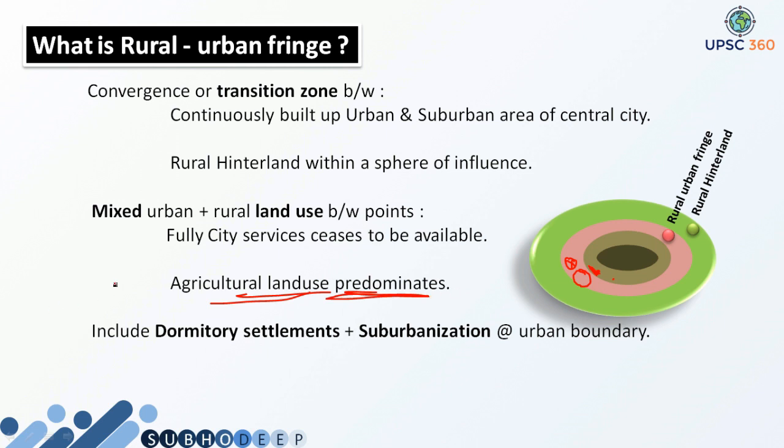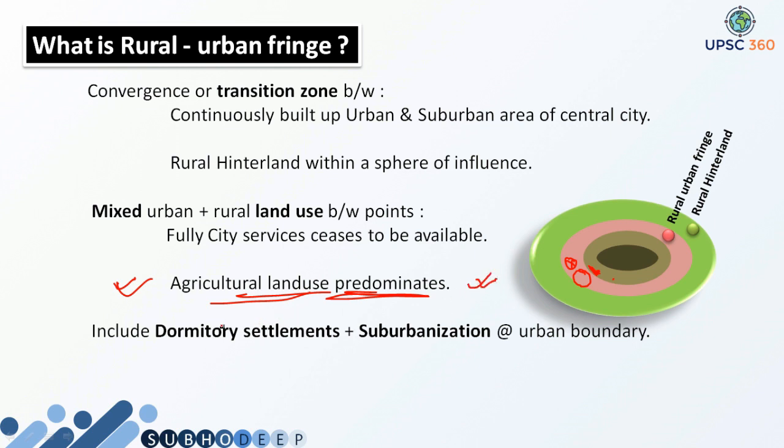As I've already said, in the initial phase agriculture land use predominates, but at a later phase, whenever there is a huge population outburst in this region, the agriculture land use pattern vanishes, and that also comes under the suburban area. But that takes a huge lot of time.